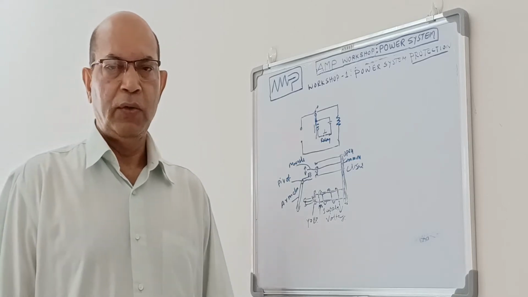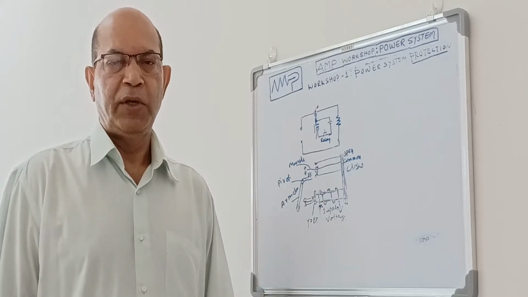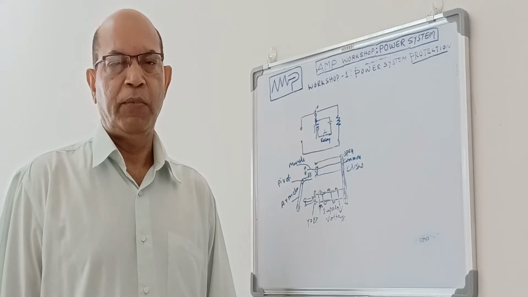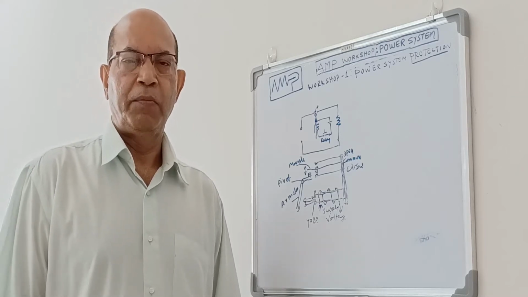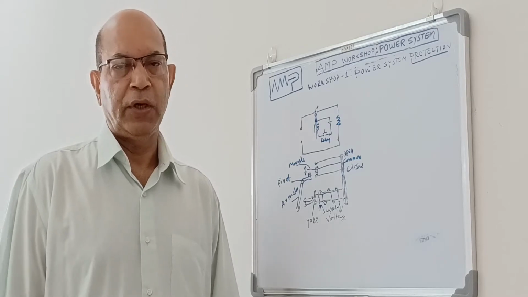Now, if we look at the period up to 1960, from the invention of electricity, all the power system companies or utility companies were using electromagnetic relays, which were dominating the market up to 1960.